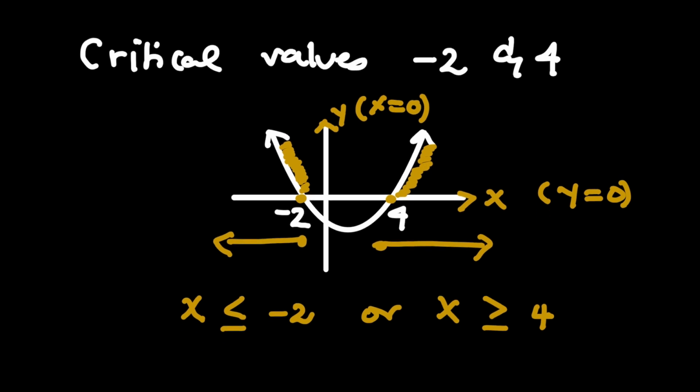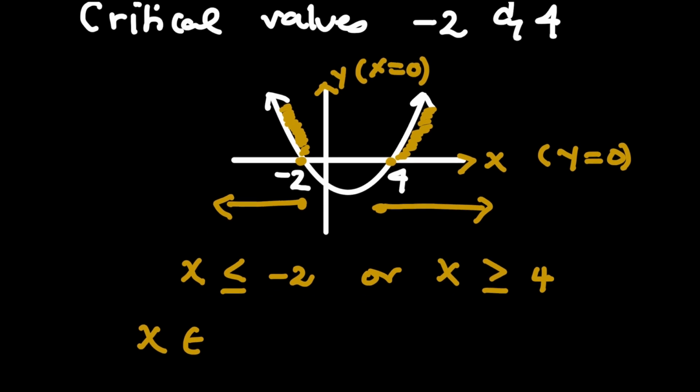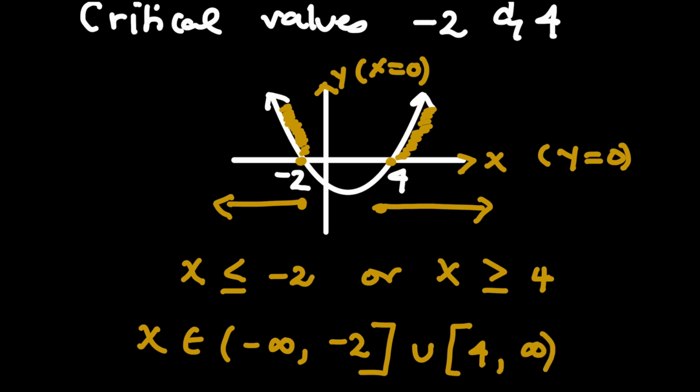Okay, guys, and then you can also express that using this notation, where that symbol is just an element of, or a member of, negative infinity to negative 2. Now, with regards to the brackets, because negative 2 is included there, because we're asking where this graph is on and above the x-axis, we're going to have square brackets, union with square brackets of 4 to positive infinity.